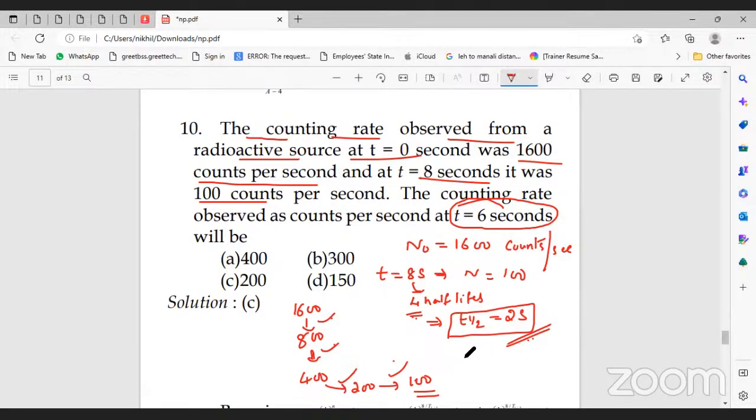So 6 seconds means 3 half-lives. 3 half-lives means starting from initially 1600, first half-life, second half-life, this is the third half-life. So in the third half-life, it comes to 200. So option C is the right answer.